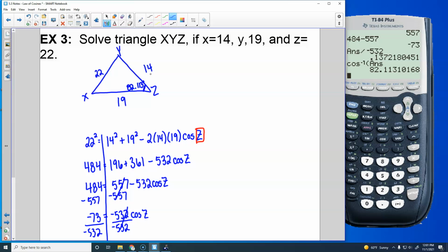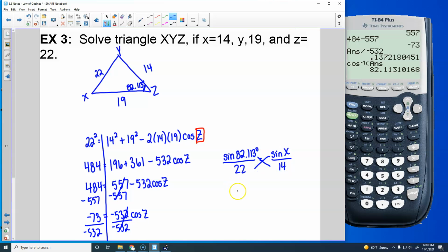I could use law of sines, right? So I could say sine of 82.113 over the side across from it is 22 equals, I can choose x or y, does not matter here. I think I'll choose x, so sine of x over 14.